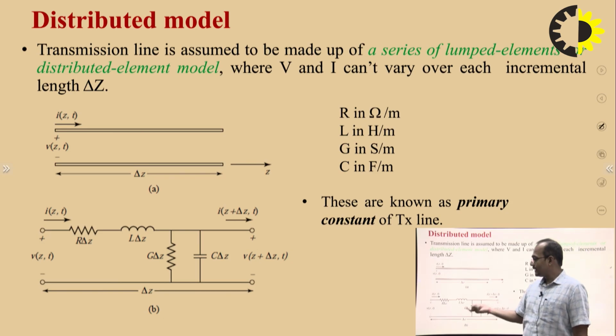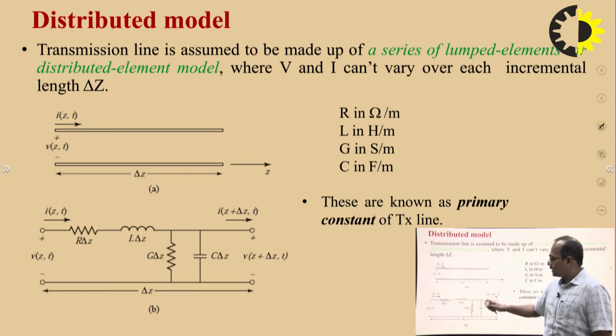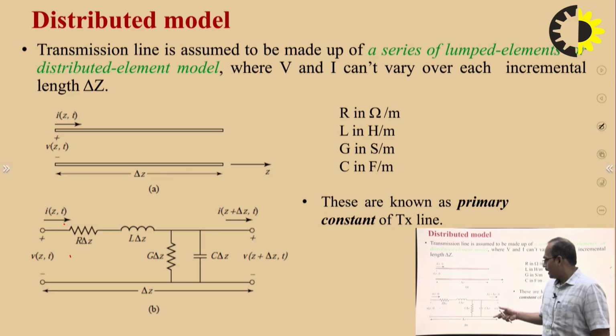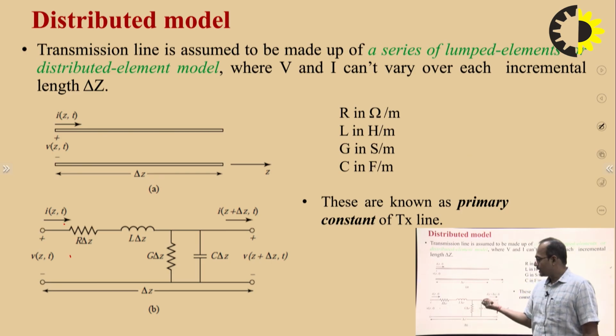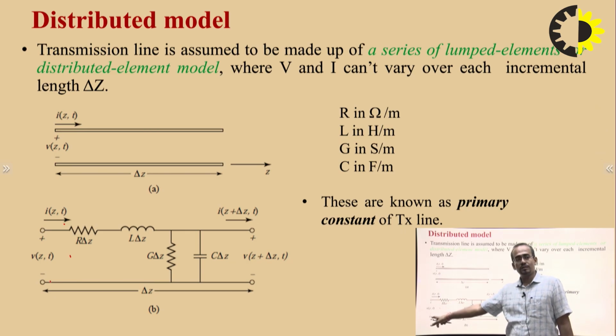The voltage at z equal to 0, at this terminal, is V(z,t) and the current flowing through this transmission line is I(z,t), and the voltage at distance z plus delta z, this is the incremental length of the transmission line.